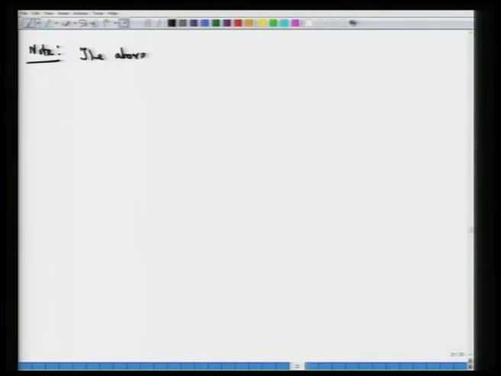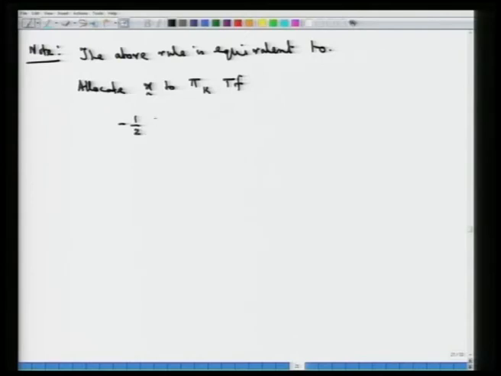This above rule is equivalent, for simple and obvious reasons, to the following: allocate x to pi k if minus half x minus x k bar, transpose S inverse, x minus x k bar, plus log of p k is largest.